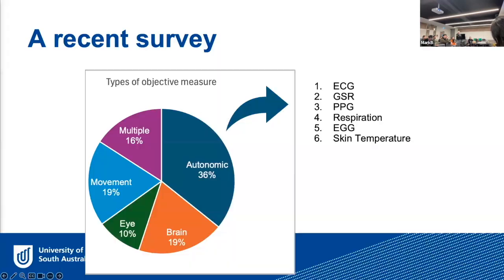Actually, I don't have specific experience using skin temperature, but I found a few articles using skin temperature for monitoring the sickness level, and I don't think they found significant results, so it's hard to say whether people's temperature gets lower or higher, but definitely there are a few studies using it.